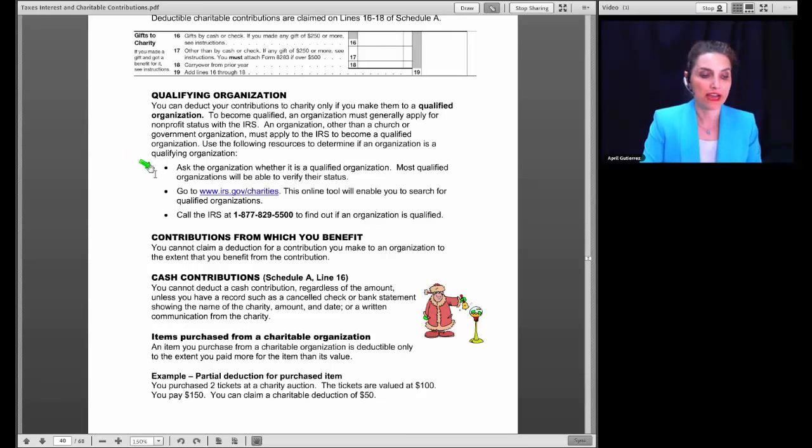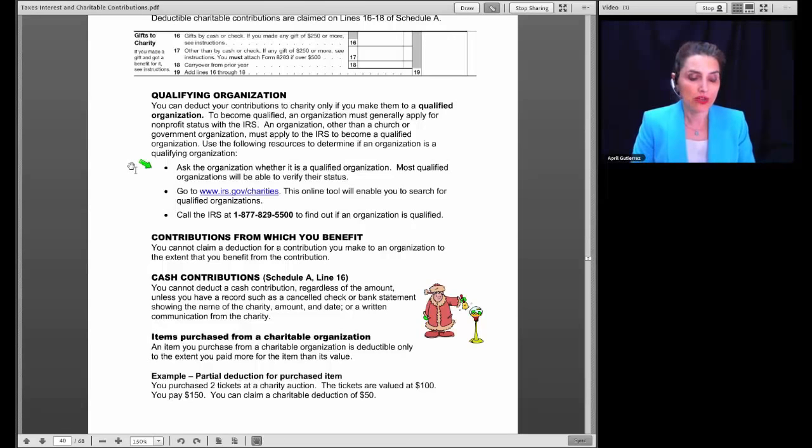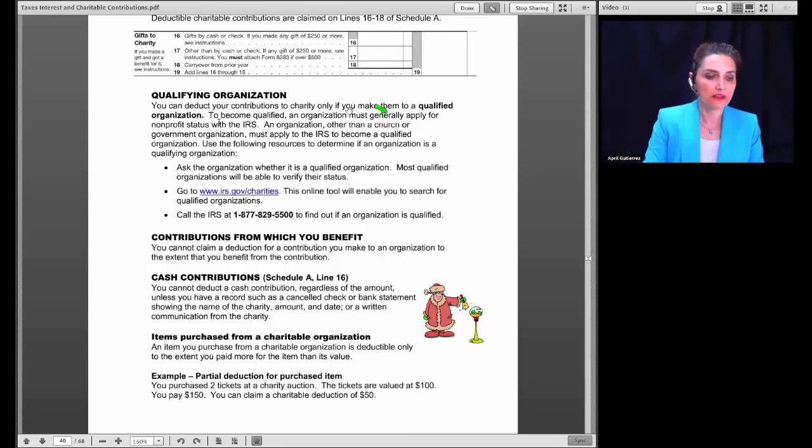Firstly, you can start by asking the organization whether it is a qualified organization, because most organizations will be able to verify their status. Now, I've run across some small churches that really don't know whether they're qualified organizations at all. But according to the information I'm reading, it says an organization other than a church or government organization must apply for status.